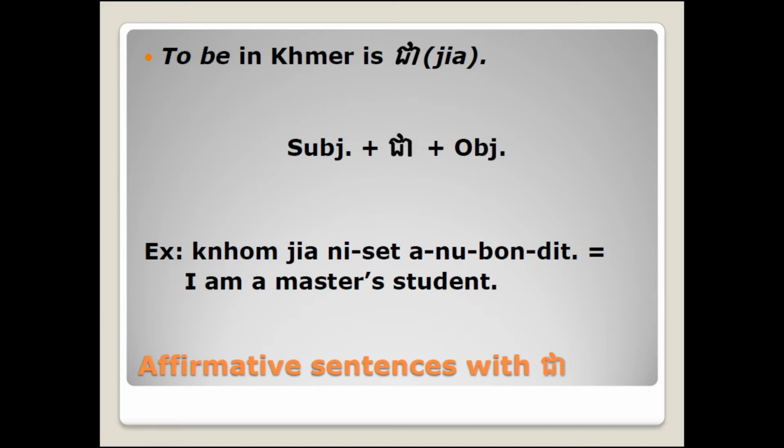For example, ខ្ញុំជានិស្សិតអនុបណ្ឌិត. So literally, I am student masters. As you can see, article is not used in the sentence structure.